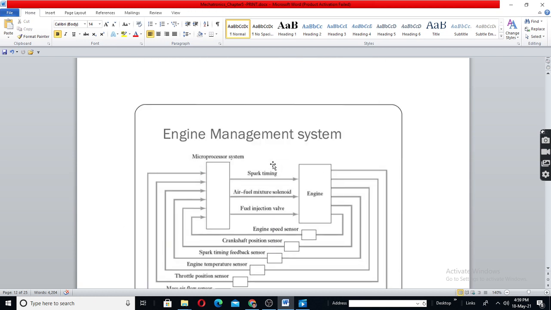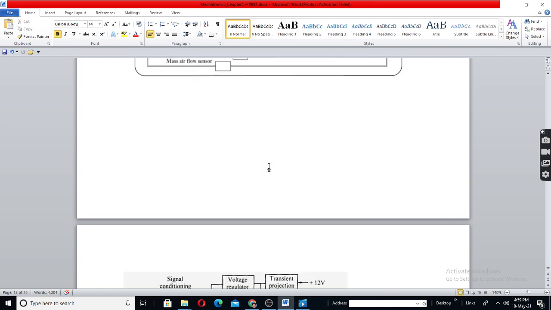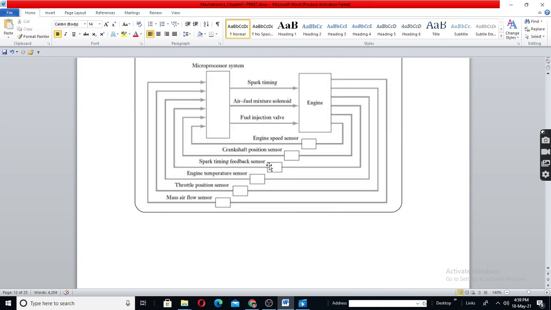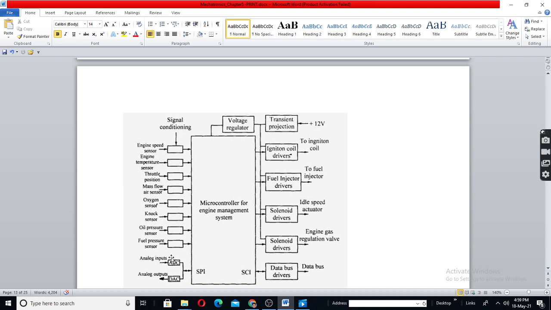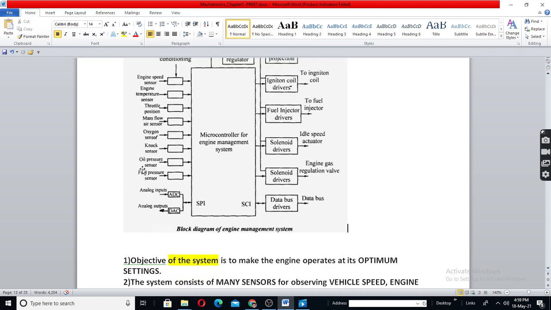Now we can say in short that the microprocessor system takes input from the sensors, performs the required control action according to the design, means according to the program stored in the memory of the system. Then it will give the desired output.